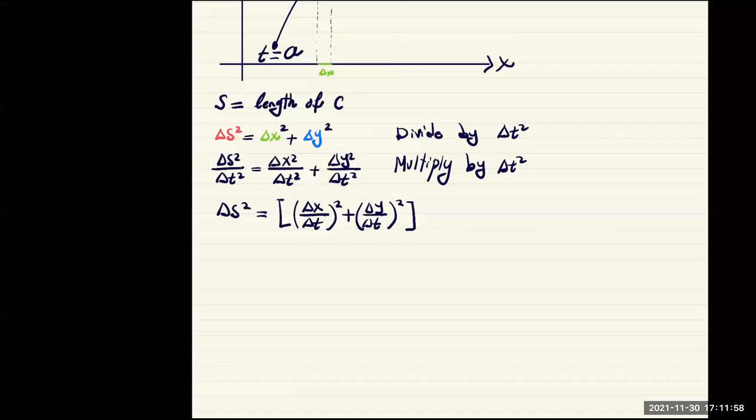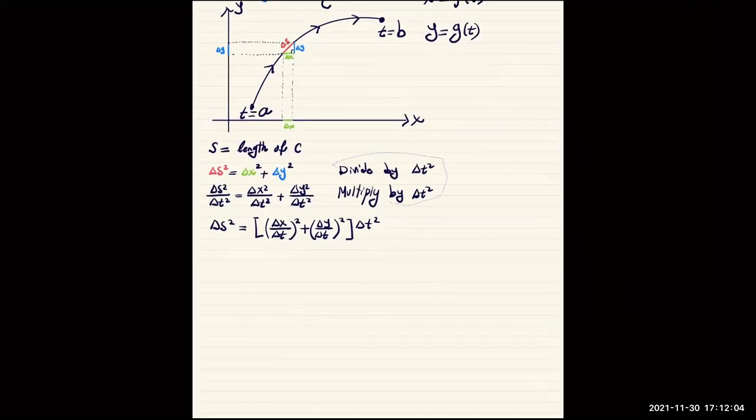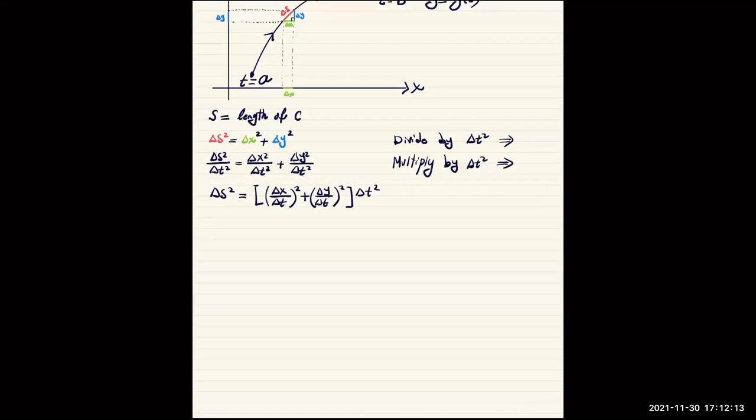Now, as I said, we're multiplying by delta t squared. Since we want s, I have to solve this for delta s. All you have to do is take the square root.